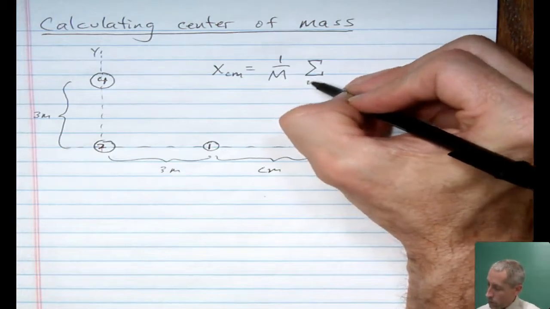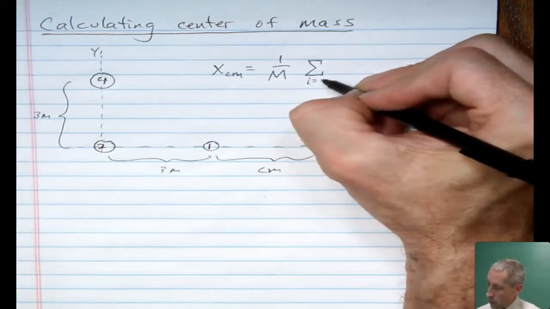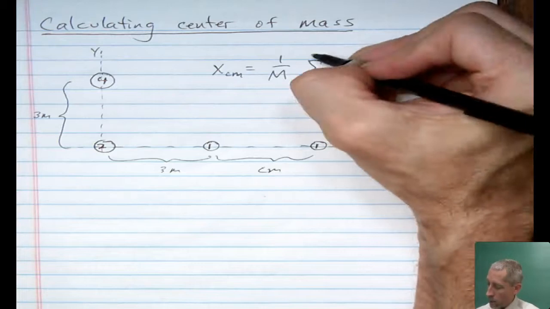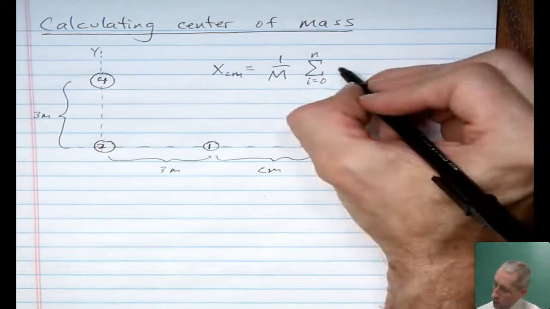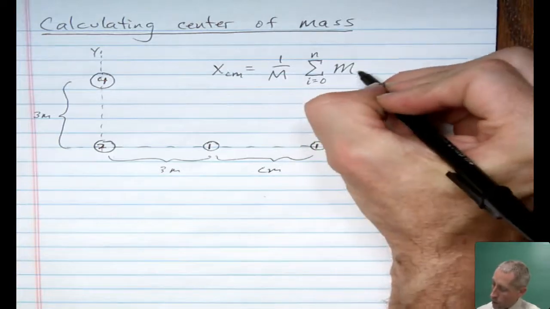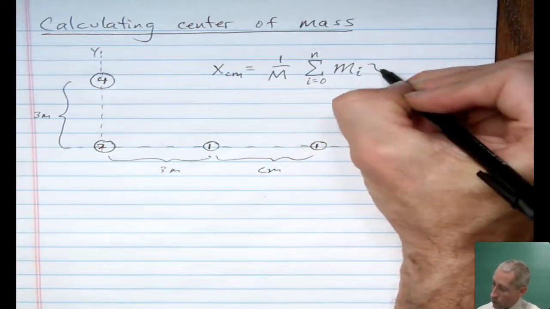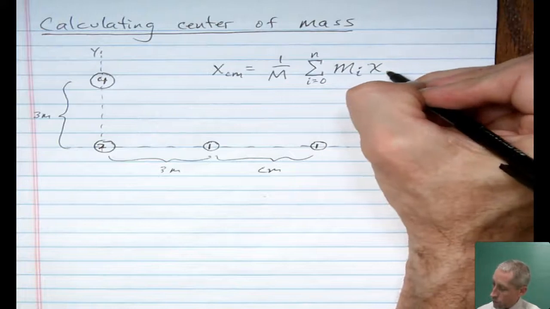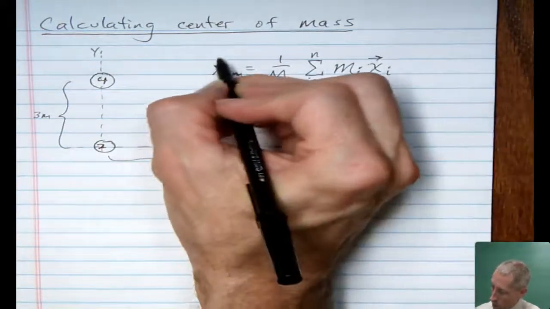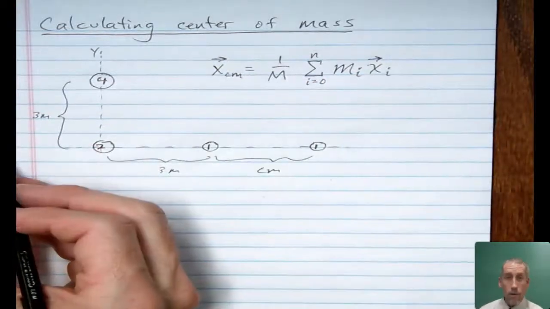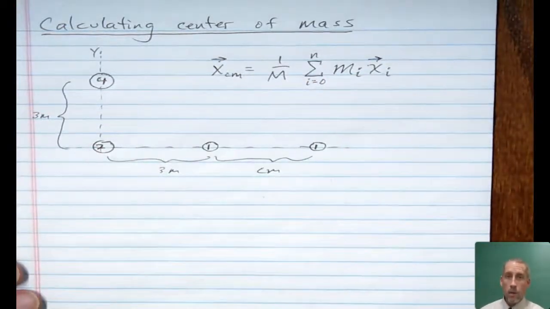So we use this little counting scheme here. i is our counting number. We count up to the number of parts that we have, that's called n. And then what are we counting? We're going to count the product of each individual mass times each individual's x coordinate. And these really are vector coordinates, because sometimes you'll have things to the left of your origin, and we'll have to count those as negative.